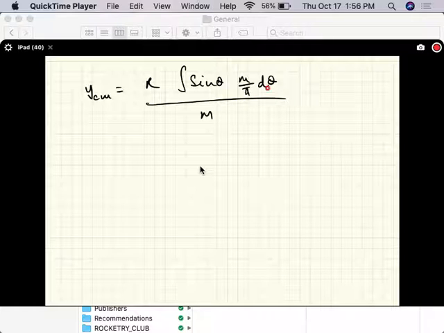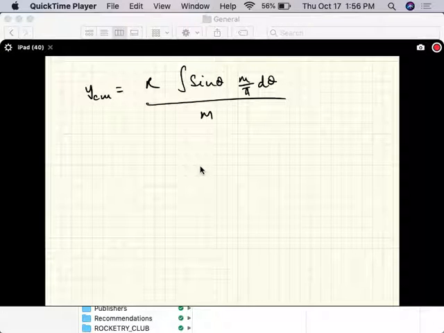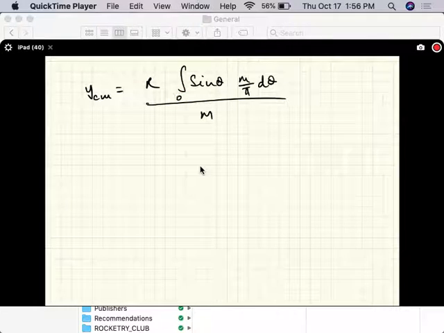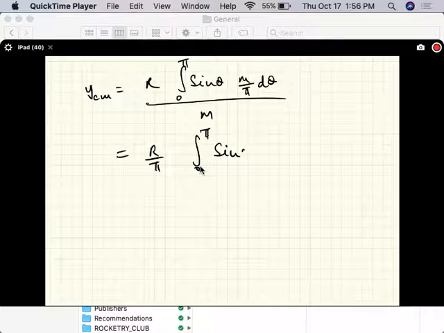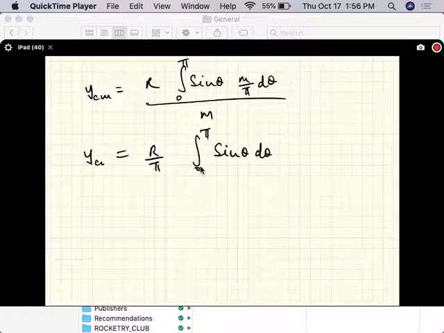What is theta changing from, and to what? From 0 to pi radians. So the integral goes from 0 to pi. All right, so now r by pi, the m cancels, integral from 0 to pi of sine theta d theta, and that's the center of mass.